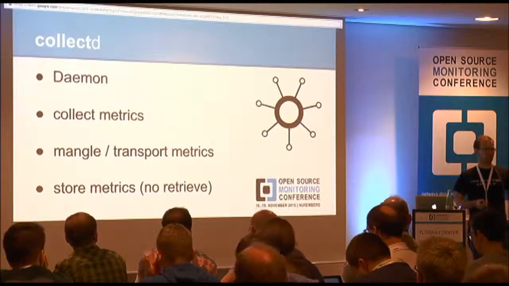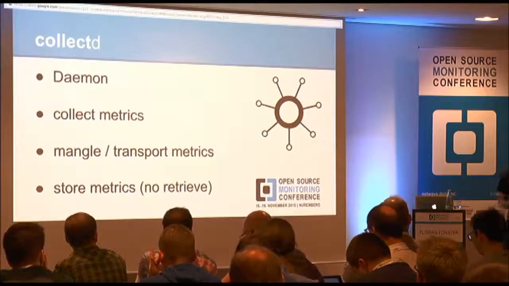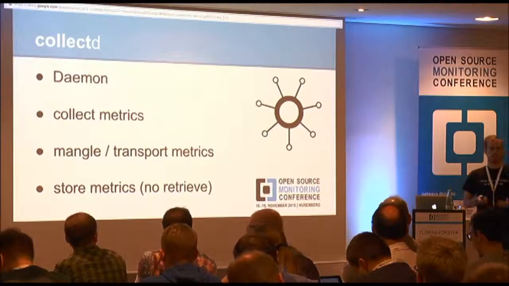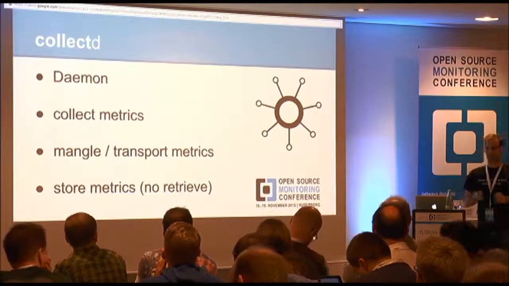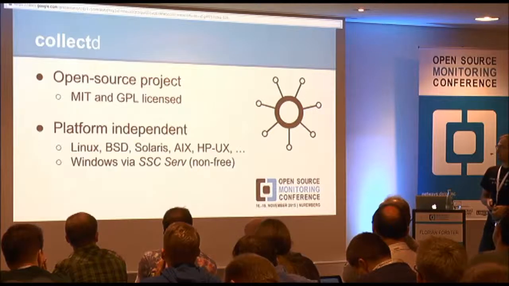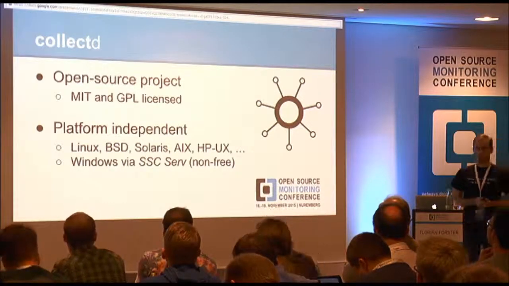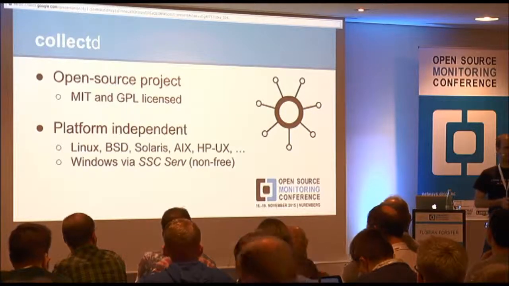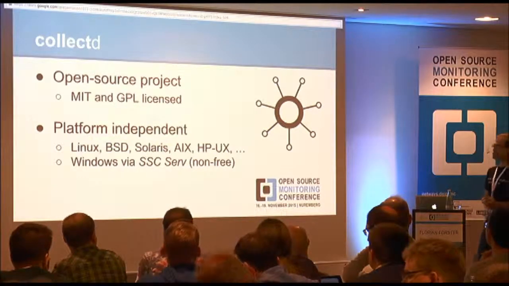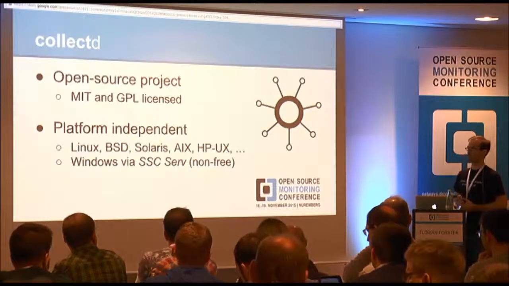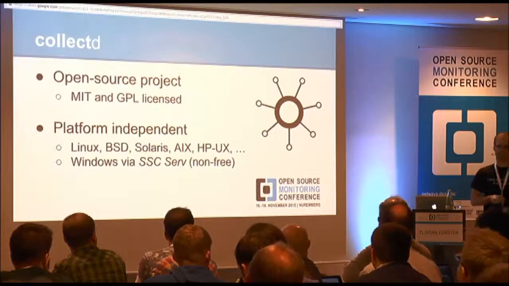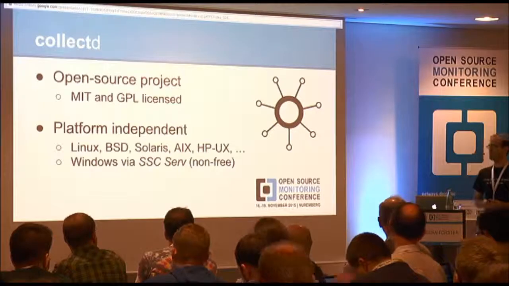I was just in the other room at the ELK Stack talk, so ELK Stack is usually a good candidate for this sort of stuff. Other options are Graphite and InfluxDB and so on and so forth. It's open source. The vast majority by now is MIT licensed, and the rest is still GPL licensed. We're in a license switch that I doubt will ever complete, but it's open source.